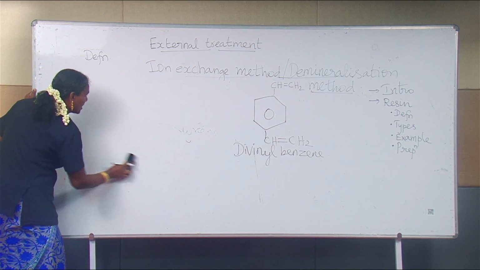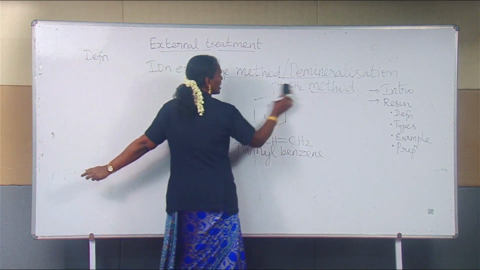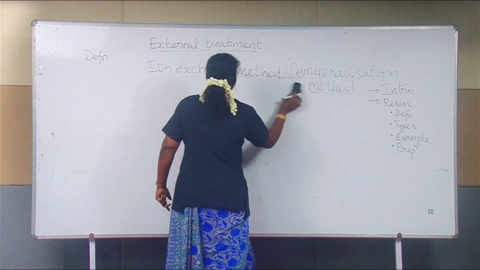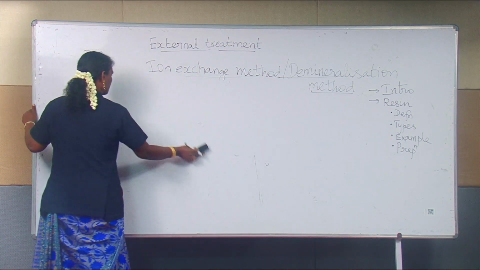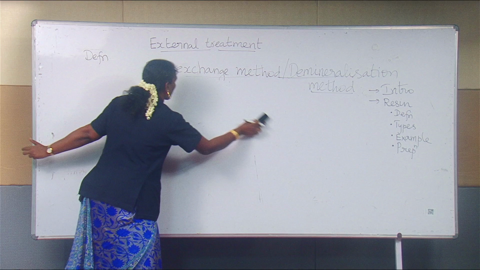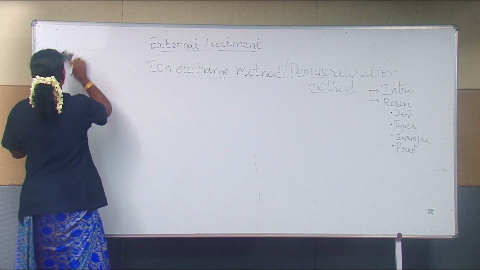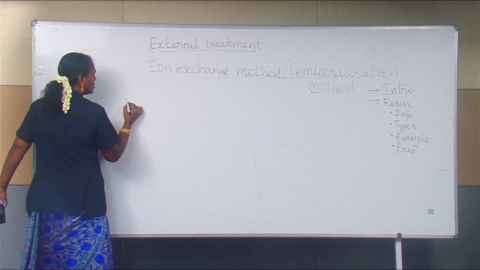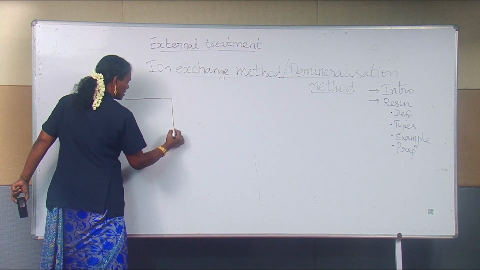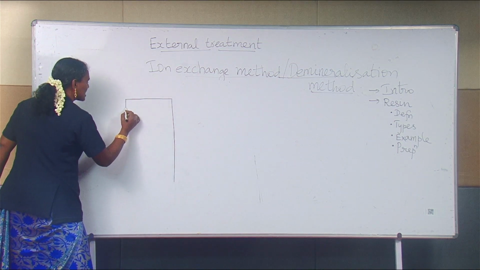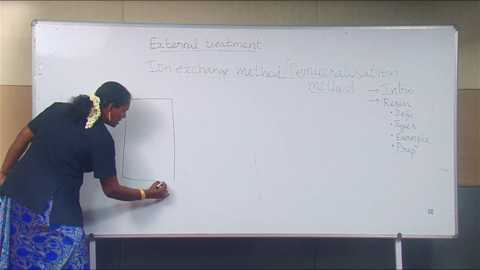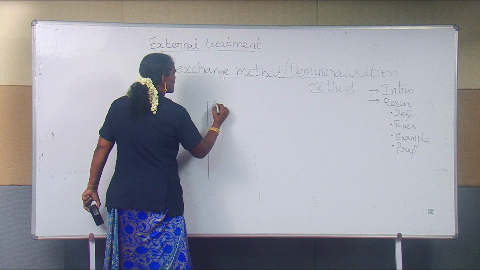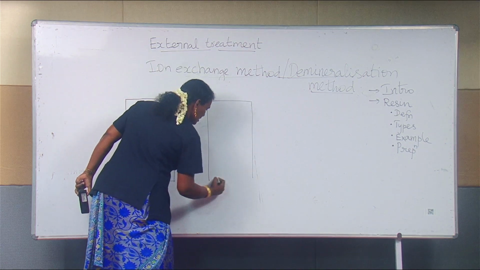We have two beds. One is the cation exchange resin bed, another one is the anion exchange resin bed. First you have to take this cylindrical part, cylinder 1, and in the same way you can draw another cylinder, cylinder 2.